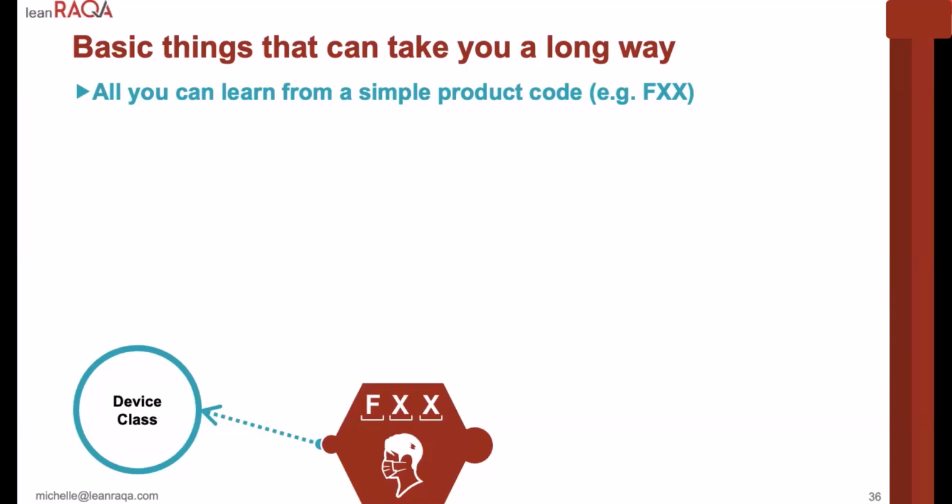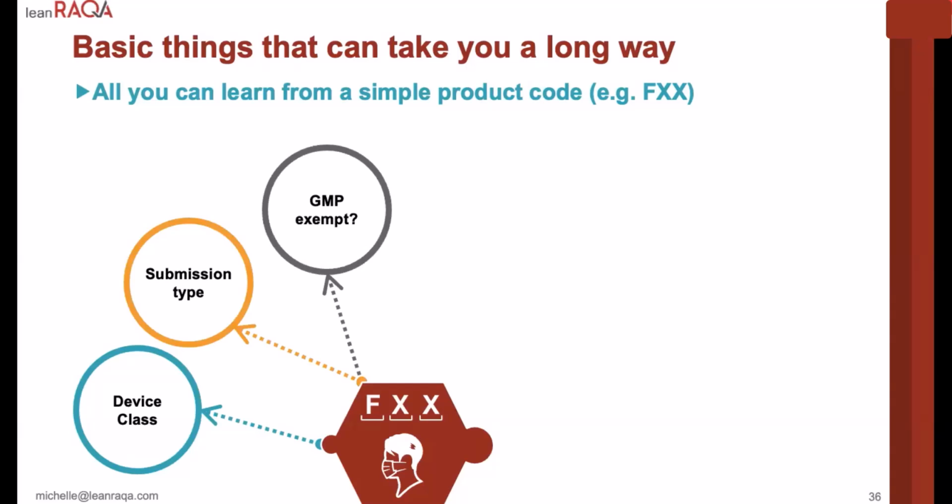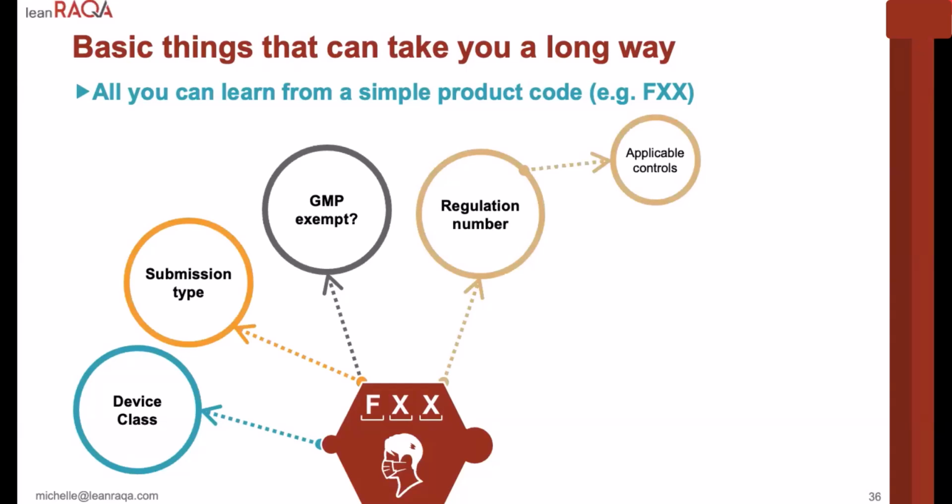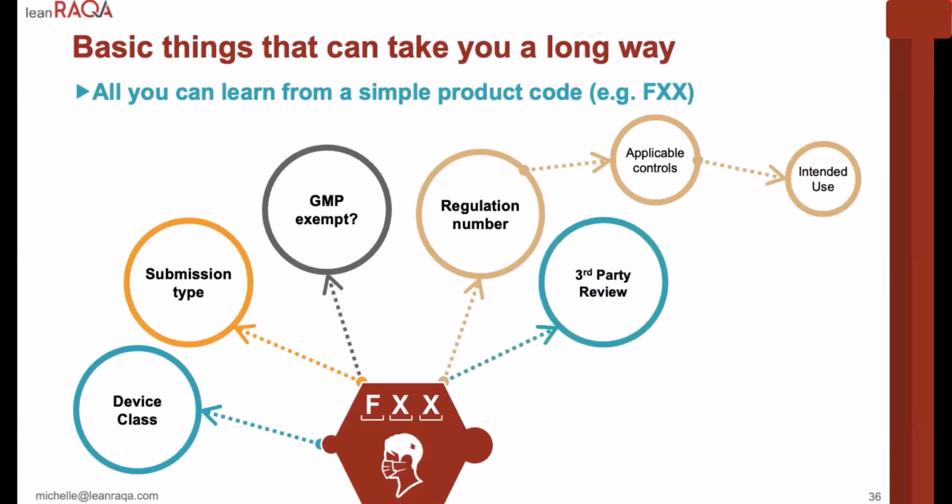the first thing that we can see is the device classification. We can learn the submission type, if it's 510K, 510K exempt, maybe a PMA. We can learn if it's GMP exempt, can learn the regulation number. Knowing the regulation number will tell us the applicable controls and how the FDA has defined an intended use.